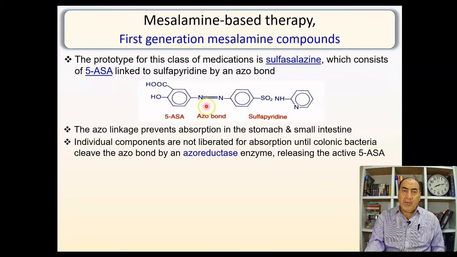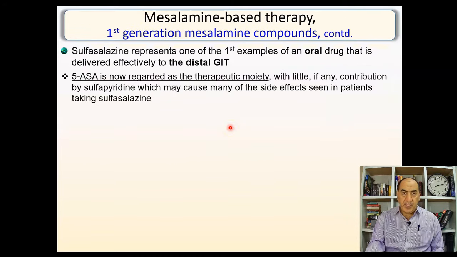So now I need this 5-ASA to go to the colon, then I use sulfasalazine. This is a prototype drug. It represents one of the first examples of an oral drug that's delivered effectively to the distal GIT. We said it's used for ulcerative colitis, and ulcerative colitis mostly affects the rectum and sigmoid colon, all the way until the end, right?